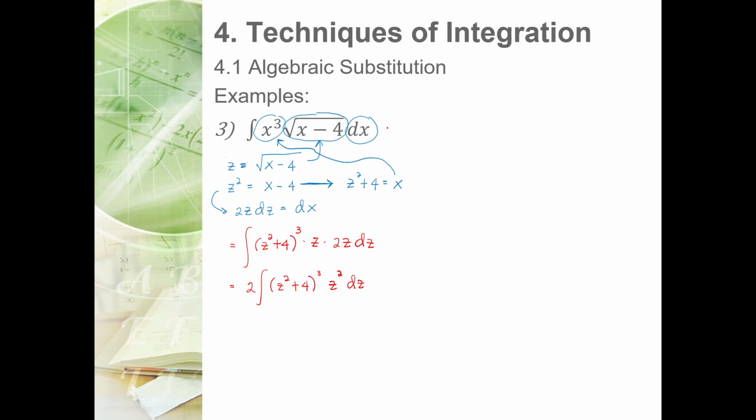So from this term, it becomes even more, I think for you it may not be simple, but for me it's already simple because we can work this one out since it's only a cubic binomial. And I think you can expand up until cubic, right? So expanding your z squared plus 4 first.